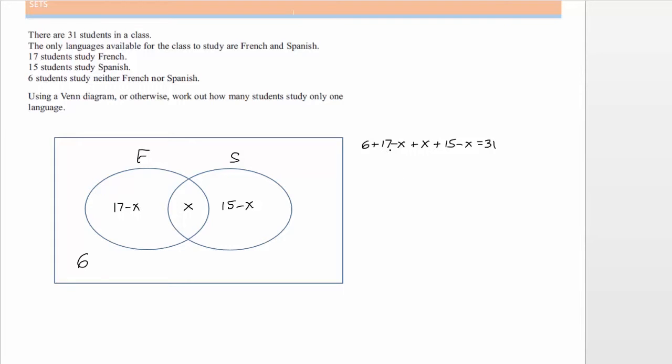So if I now tidy that up, 17, 15, add the 6 is 38. Take away x, add x, cancel out and leaves you with 38 subtract x equals 31. Rearranging that, we get that x equals 38 take away 31. So the number in the overlap is 7.